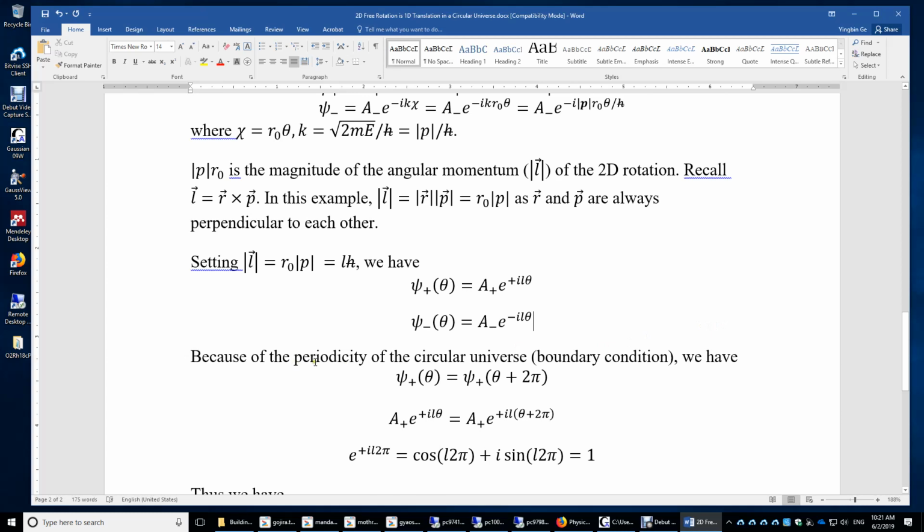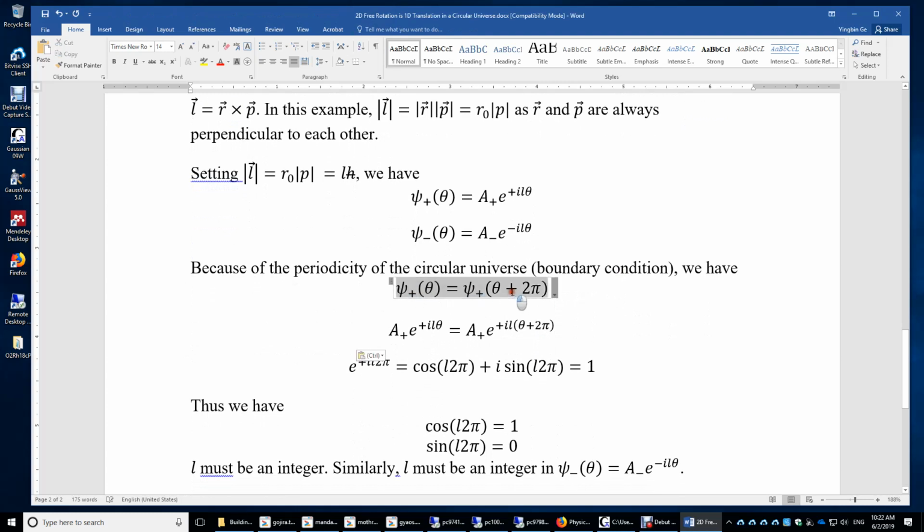Because of the periodicity, remember the wave function of the particle at θ should be equal to the wave function of the particle at θ plus 2π, because there's no difference between θ and θ plus 2π for the particle. So we plug in this wave function here, and then we have the same wave function, except this θ is replaced with θ plus 2π.